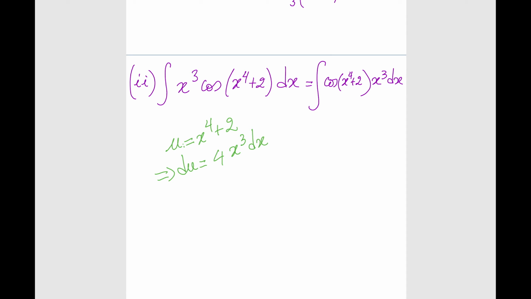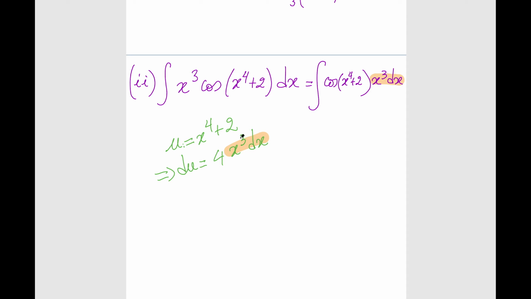You agree that this and this are the same? The differential of u can be found here, as just discussed before, except for a multiplicative constant, right? That constant factor, you can always introduce it, no problem.